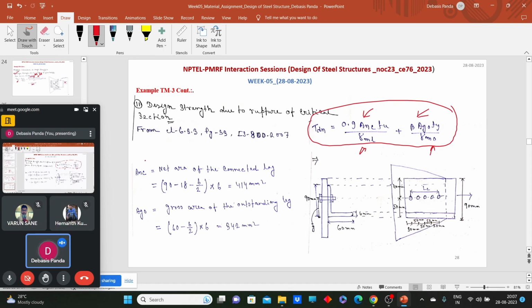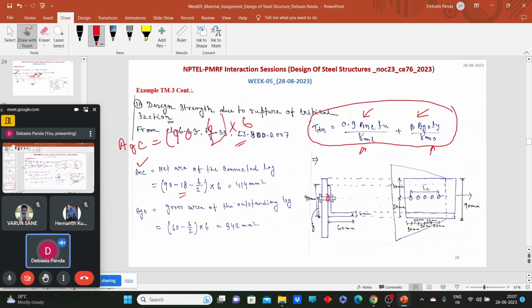So first we need to calculate the Anc. What should be the net cross-sectional area of the connected leg? What was the gross cross-sectional area? Agc, gross cross-sectional area, just 90 minus 6 by 2 into 6, right? So what will be the net cross-sectional area? We just made one hole over here, so just reduce the hole diameter.